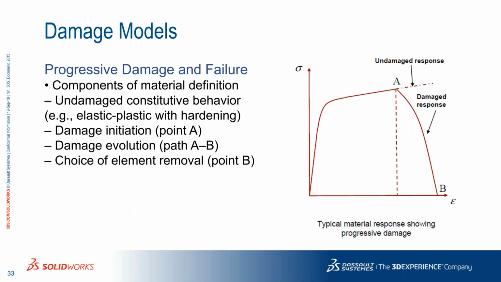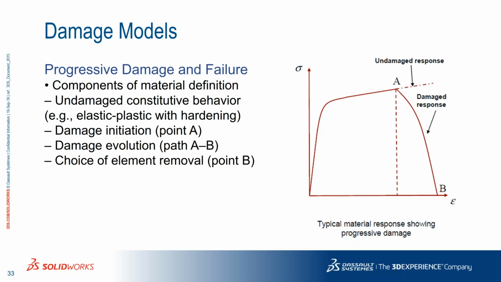Now let's talk about the damage models. Here we are taking into account the realistic damage that can occur to a material. We saw earlier in the plasticity model, we have the stress-strain curve, we have analyzed the elastic portion, we have the plastic portion.